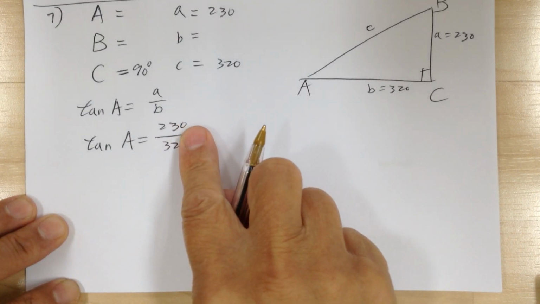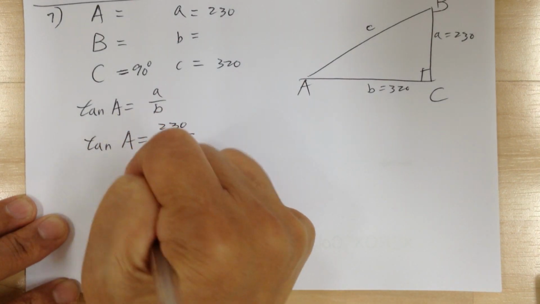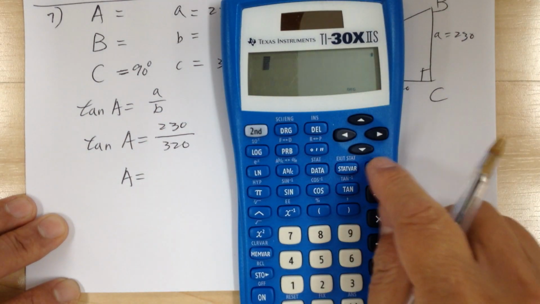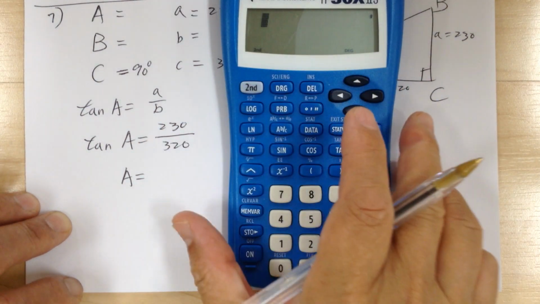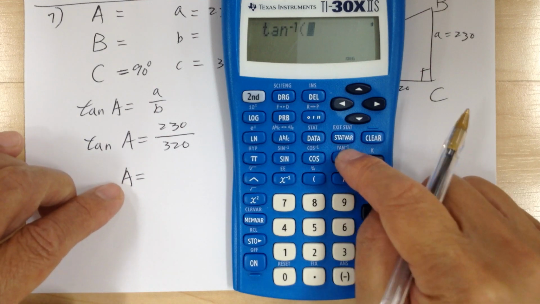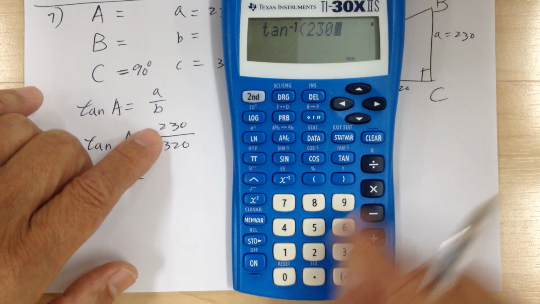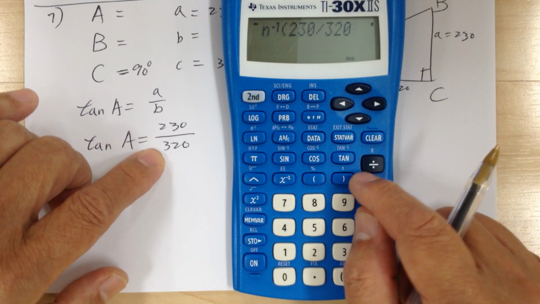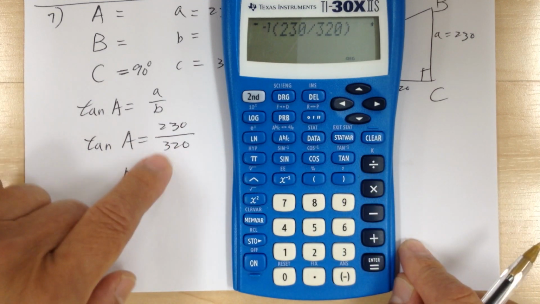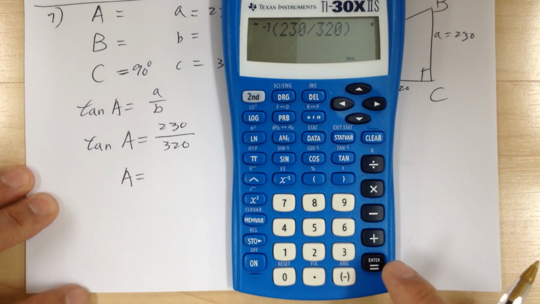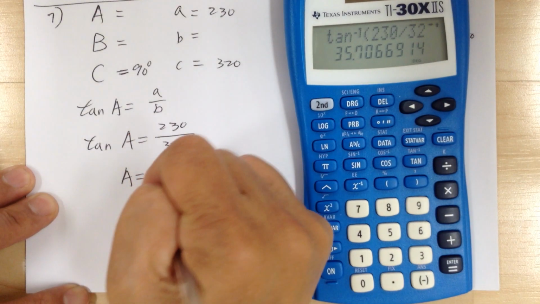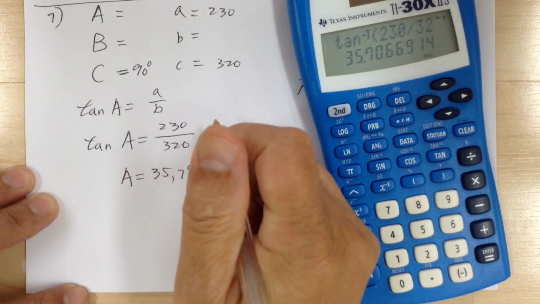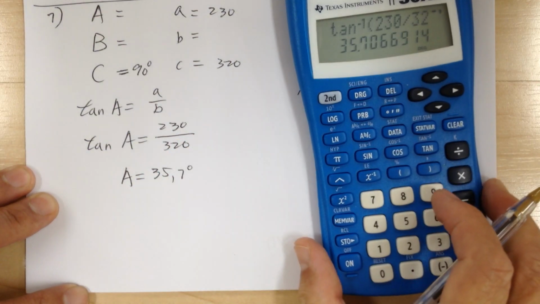Since these sides are given, you can look for angle A. Whenever you're looking for an angle, you have to use the second function. So go second tangent of 230 divided by 320, closing parentheses. Just type in whatever you see over here, equal. This will give you 35.7 degrees.